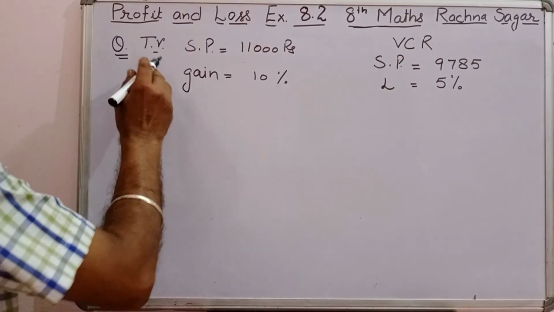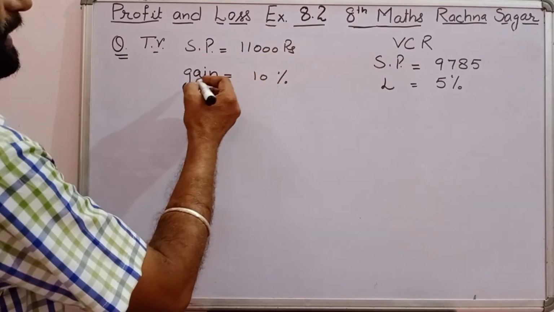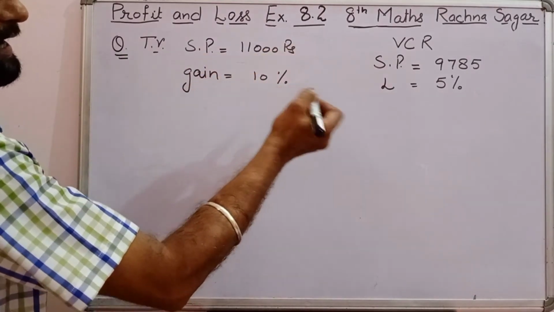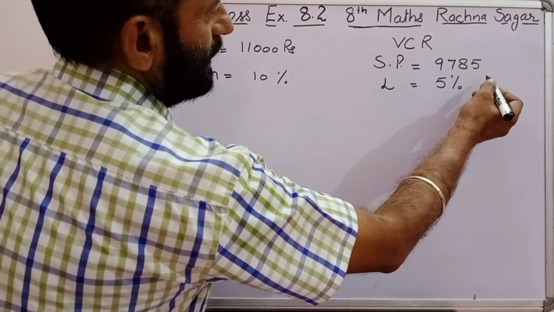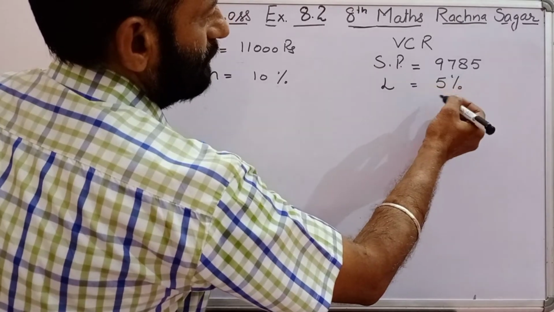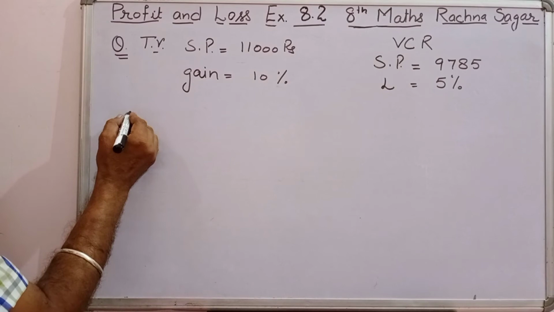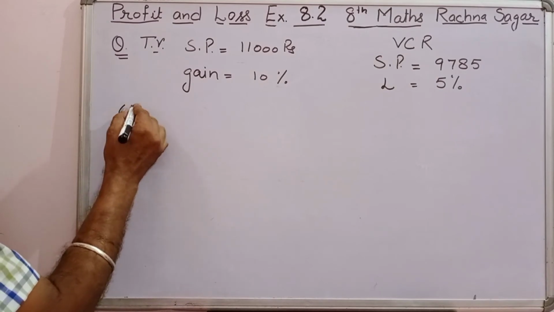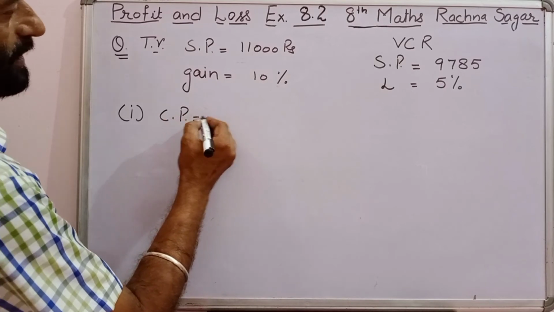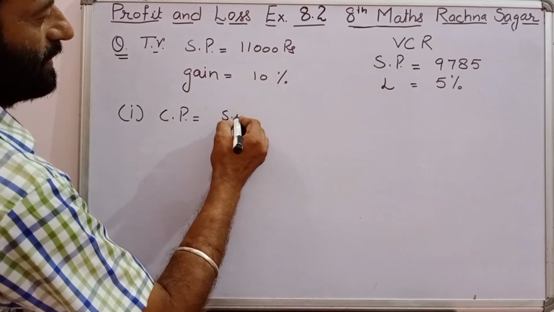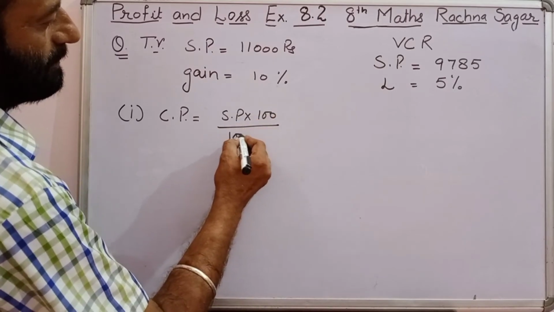Question number 10. A TV set is sold for 11,000 rupees at a gain of 10%, and a VCR is sold for 9,785 rupees at a loss of 5%. Number 1. Find the cost price of the TV. Now we know cost price is equal to selling price into 100 over 100 plus gain percent.